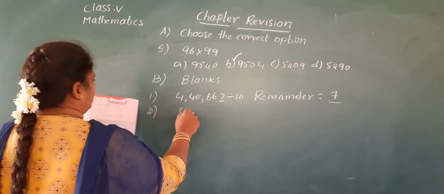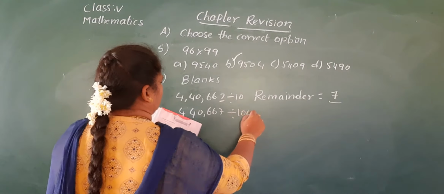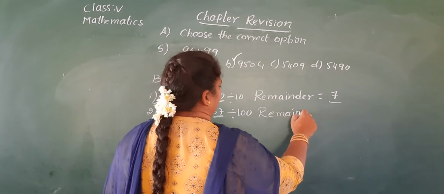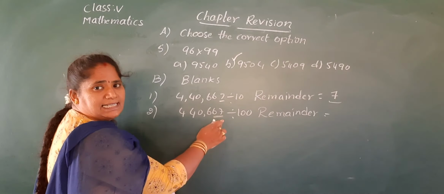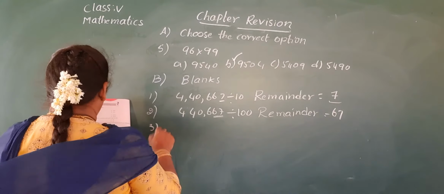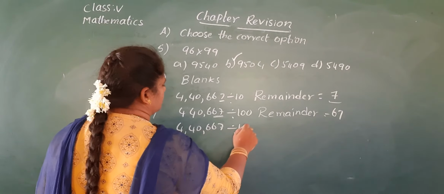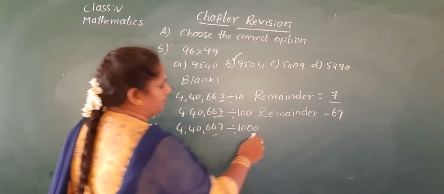Next, if the number is divided by 100, the last two digits become the remainder. Isn't it? So what is the remainder? Yes, last two digits 67. So we write 67. And next, the number is divided by 1000. The last three digits become the remainder.